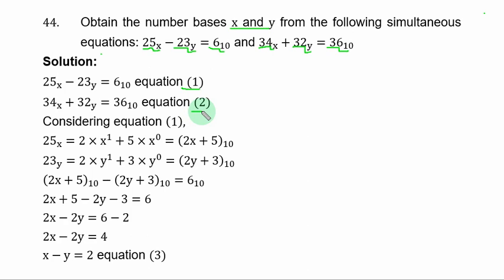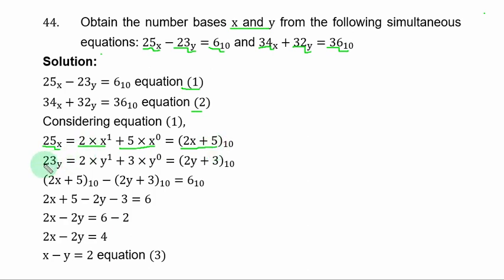Considering equation 1, the first term there is 25 base s. So you have 2 times s power 1. Position of 2 there is 1, plus 5 times s power 0. That is 2s plus 5, all in base 10.